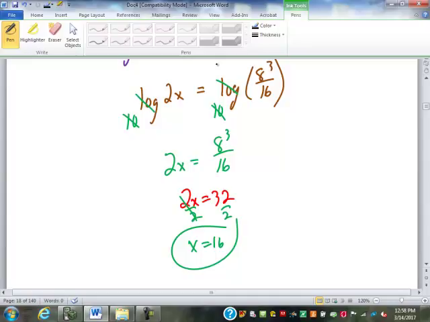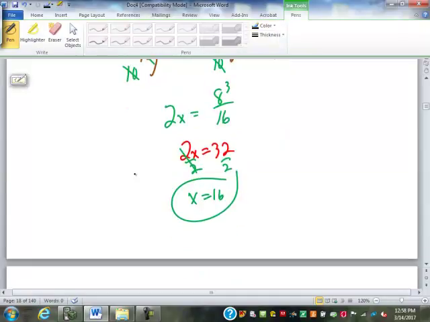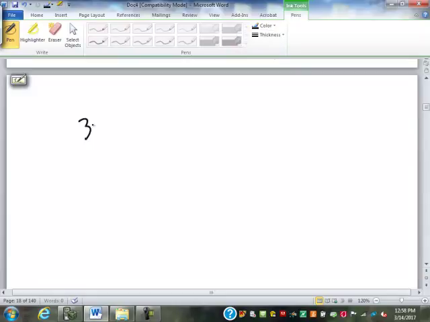Okay, so next. Last problem. 32 to the power of 4x minus 6 equals 1024.